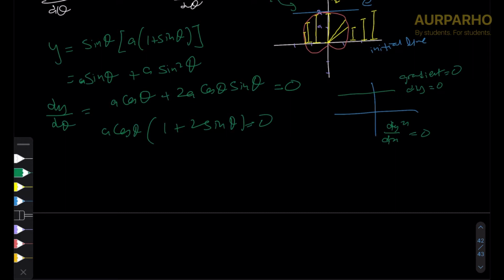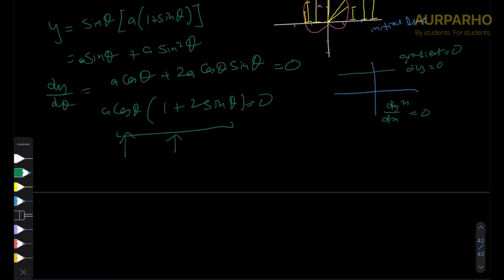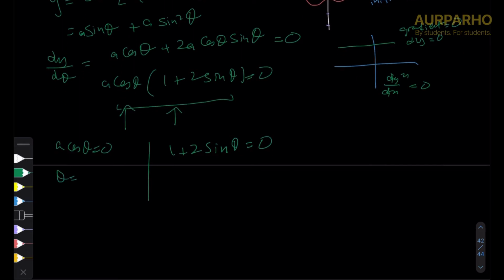When this whole thing is 0, when either of those are 0, so when is cos theta equals 0 and when is 1 plus 2 sine theta equals 0. Cos theta is 0 at pi over 2 and 3 pi over 2. 1 plus 2 sine theta, when is sine theta equals negative half?